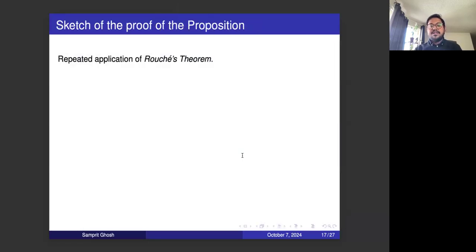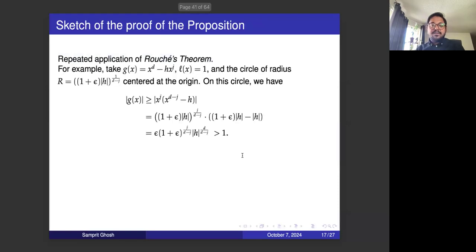The proof is through repeated application of Rouché's theorem. So for example, you take g(x) to be x to the d minus h x to the j, and l(x) to be 1, and you take the largest circle, r equal to (1 plus epsilon) modulus h to the 1 over d minus j, centered at the origin.